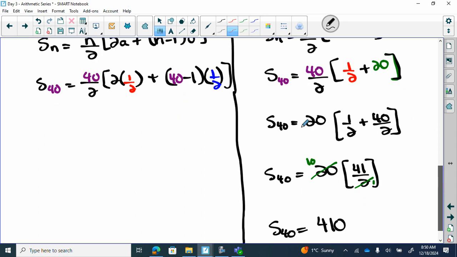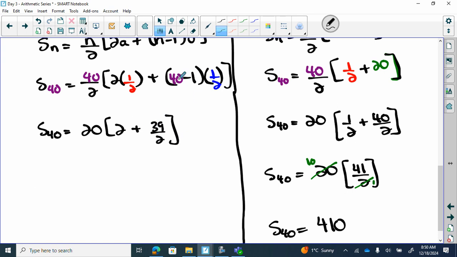So here's what this is going to end up like. S40 equals 20. This would be 2 plus 39 over 2. Are you with me on that? 40 minus 1 would be 39. 39 times 1 would be 39. 1 times 2 would be 2.